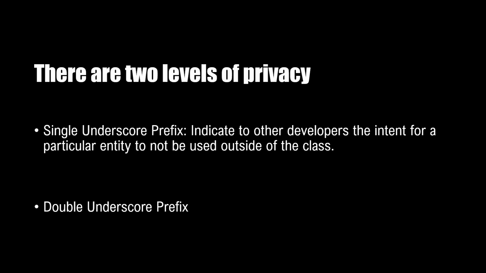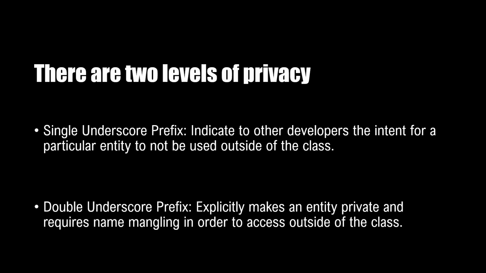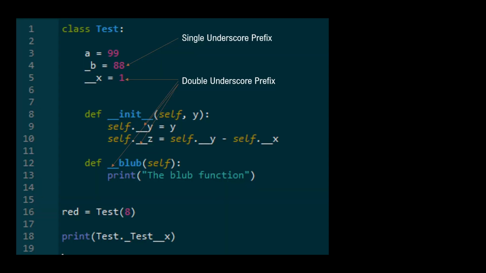So let's go back and talk a little bit about these levels of privacy. The single underscore prefix indicates to other developers the intent for a particular entity to not be used outside of the class. The double underscore prefix explicitly makes an entity private and requires name mangling in order to access outside of the class. So let's look back at our code.